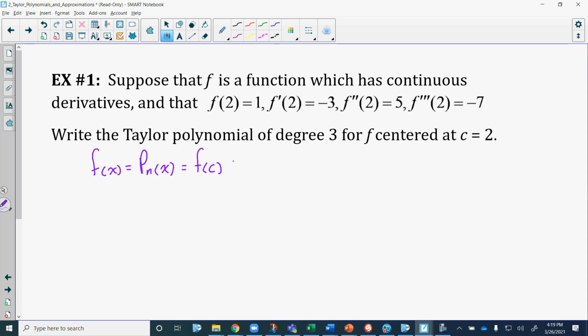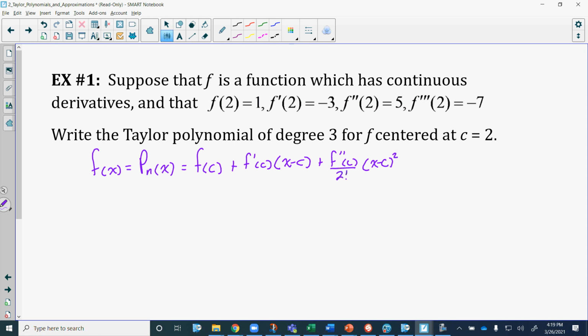So we start off with f of c plus f prime of c times x minus c. That would be the first derivative, and the derivatives represent the number of degrees that we're going to have for our Taylor polynomial. Then we get f double prime of c over 2 factorial times x minus c quantity squared.